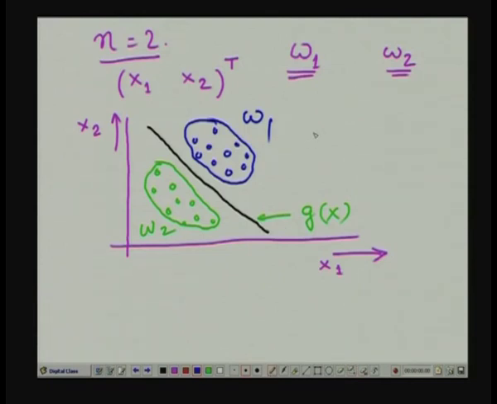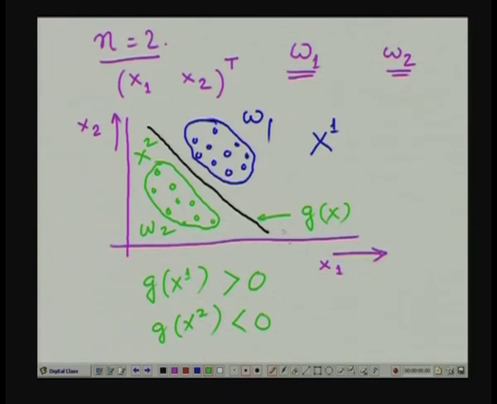I say that x superscript 1 is the feature vector of an object belonging to class omega 1 and x superscript 2 is a feature vector for an object belonging to class omega 2. So, I can assume that for all these points x 1, my g x 1 should be greater than 0 and g x 2 for all the objects belonging to class omega 2 should be less than 0.